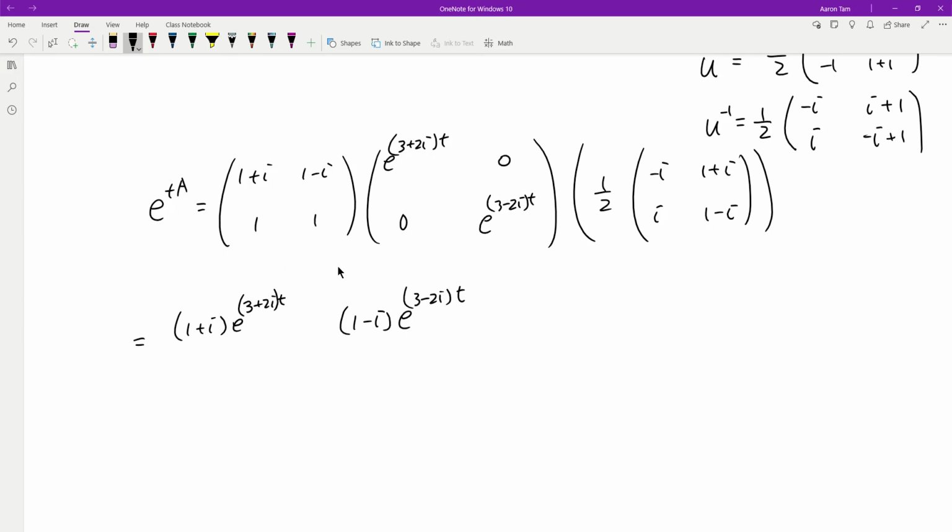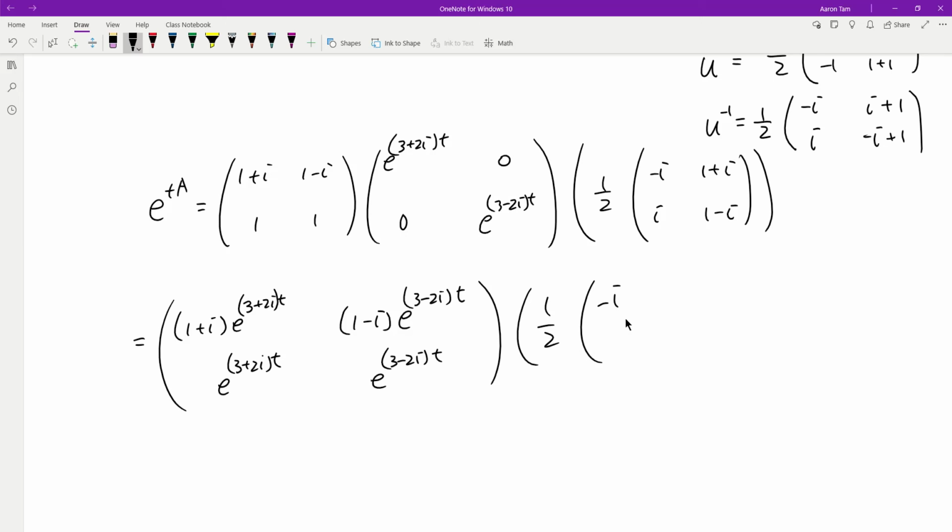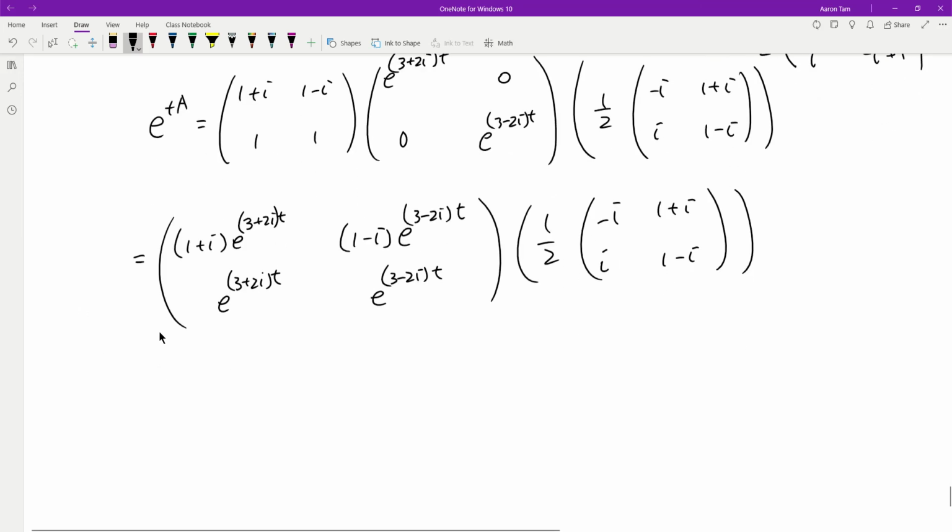And then this one would just be e to 3 plus 2i times t, and this one would just be e to 3 minus 2i times t, multiplied by 1/2, negative i, 1 plus i, 1 minus i. So I'm going to pull the 1/2 out in the front, and just let these two things multiply out and see what happens.